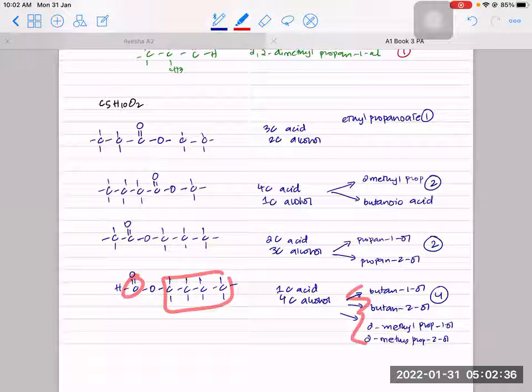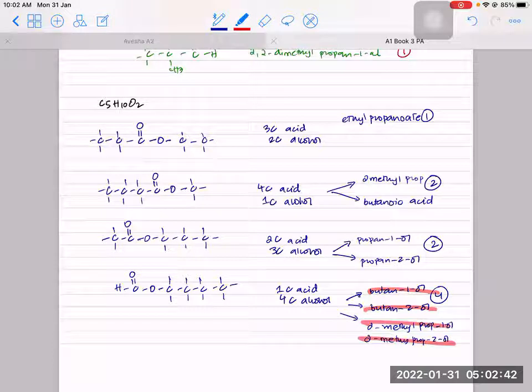Then you have a 2-carbon acid, 3-carbon alcohol. The 2-carbon acid will always be ethanoic. A 3-carbon alcohol can be propan-1-ol or propan-2-ol, so that's going to be another 2 isomers.